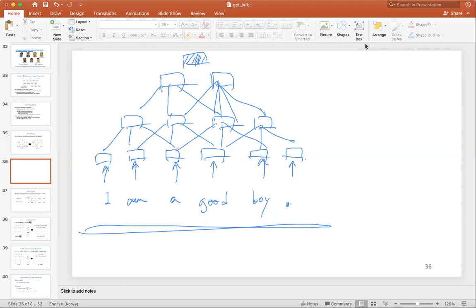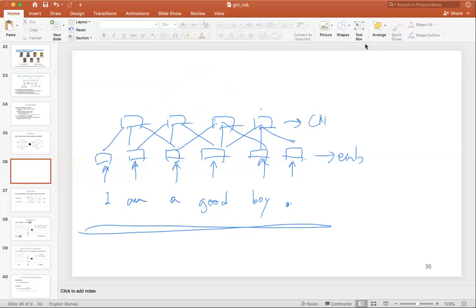But interestingly, you can also apply an attention mechanism on top of this. So instead of going all the way to the top, what you can do is apply the convolutional filter just one time. So this is your embedding, and this is your CNN output. Then you can employ a separate input in the attention function, just like before. So this becomes your H1, H2, H3, just like in your RNN.